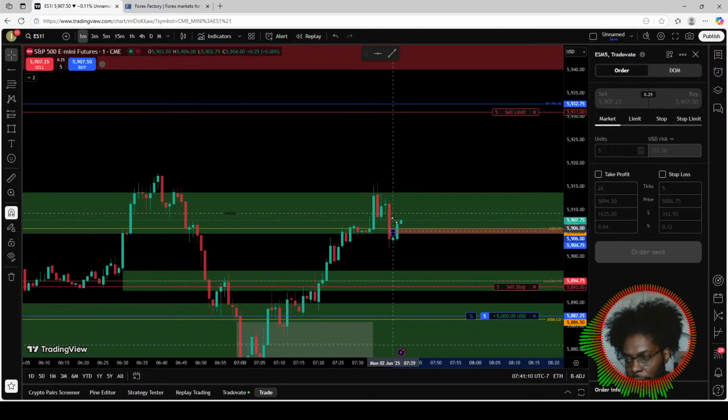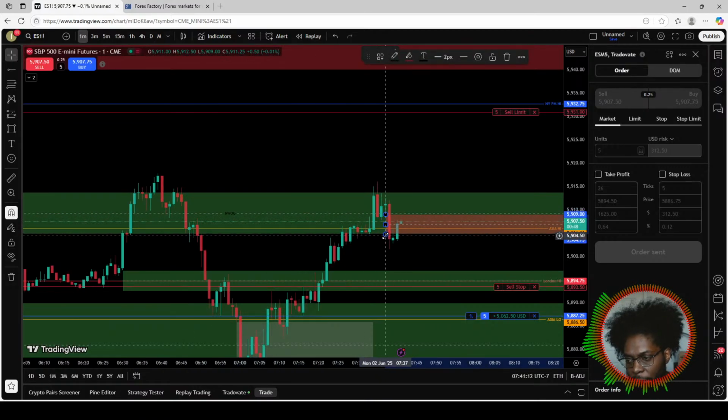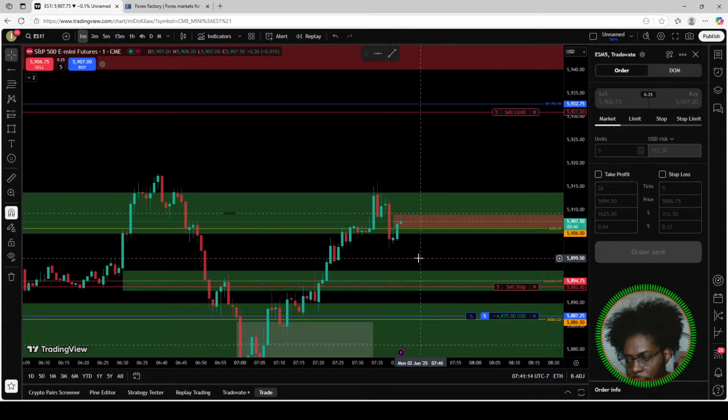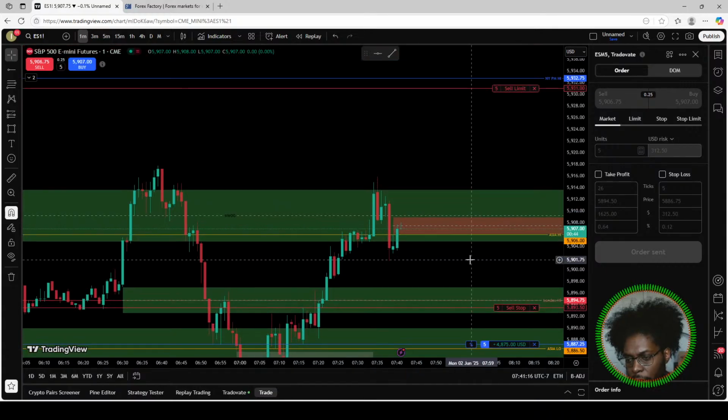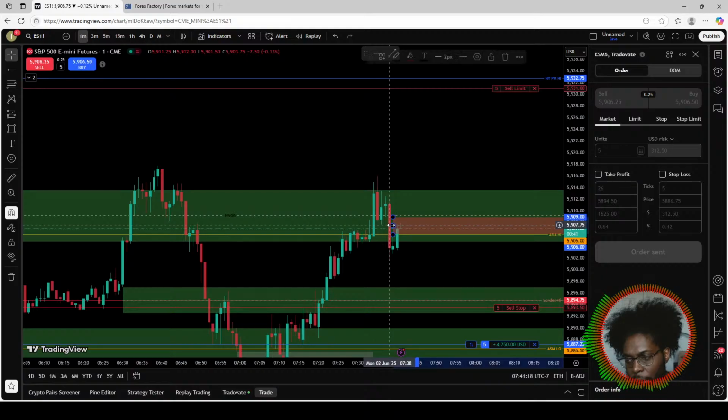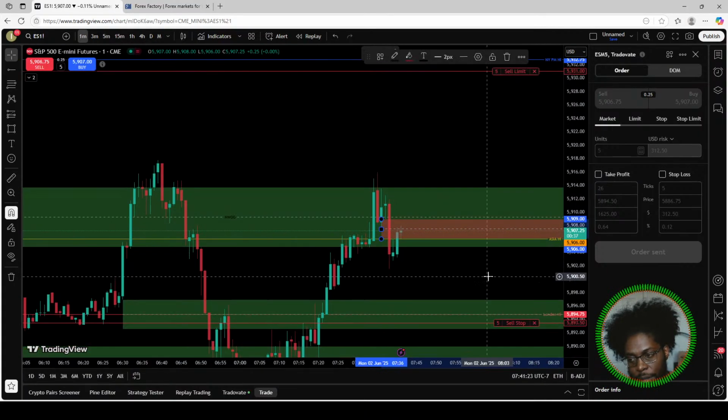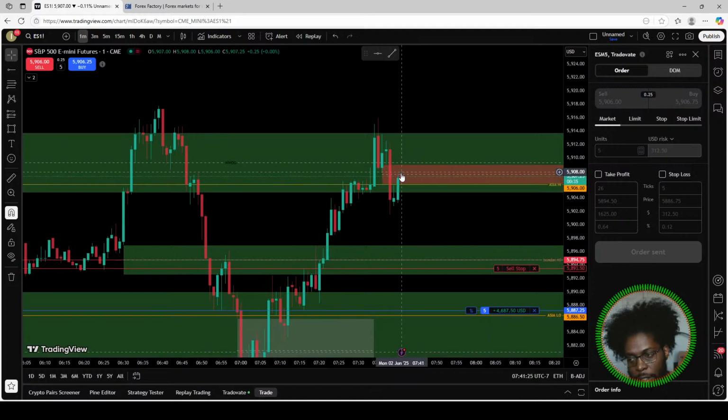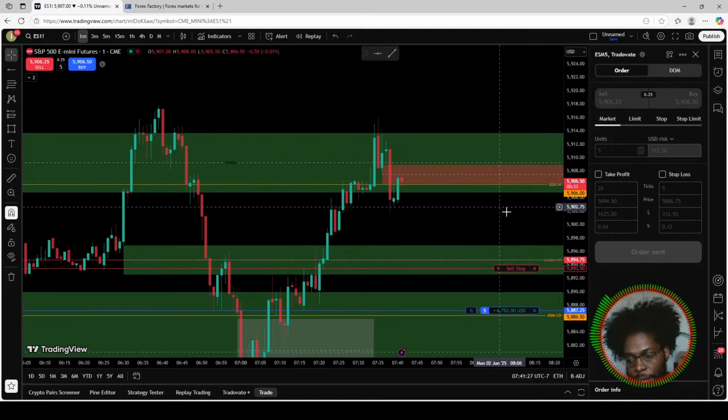We also need to invert this fair value gap right here. But as you can see, we're respecting the 50% of the fair value gap. So the trade could be over.